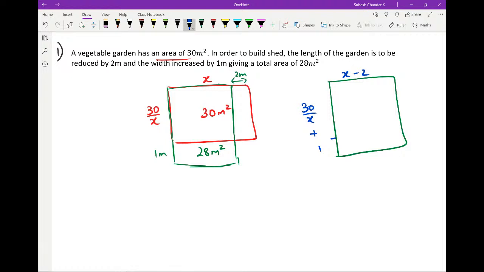Then the area is equal to 28 meters squared. Let me know if you want me to go through that part again, because this is the most important part of the question. If you get this part correct, then the rest becomes pretty straightforward. Are you okay with this part, and any questions so far?